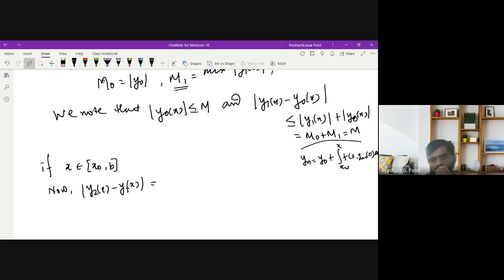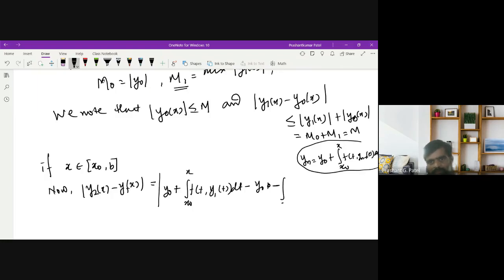So y2 is y0 plus integration x0 to x of f of t comma y1 of t dt, minus y1, which is y0 plus integration x0 to x of f of t comma y0 of t dt.